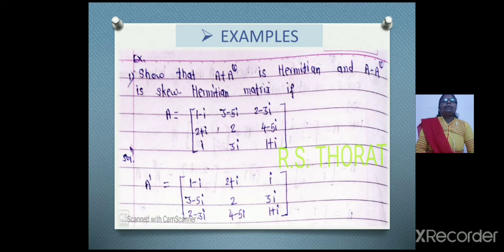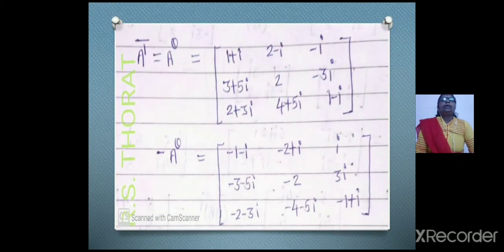First we take transpose of the given matrix, that is A transpose equal to this matrix of order 3 by 3. Then we take conjugate of this transpose matrix. We know that A transpose conjugate equal to A raised to theta equal to this square matrix of order 3 by 3.